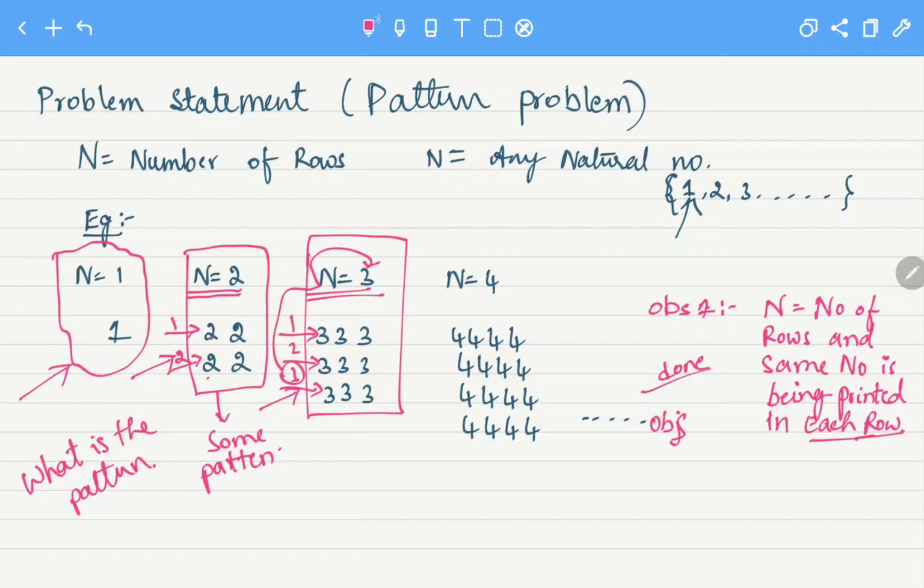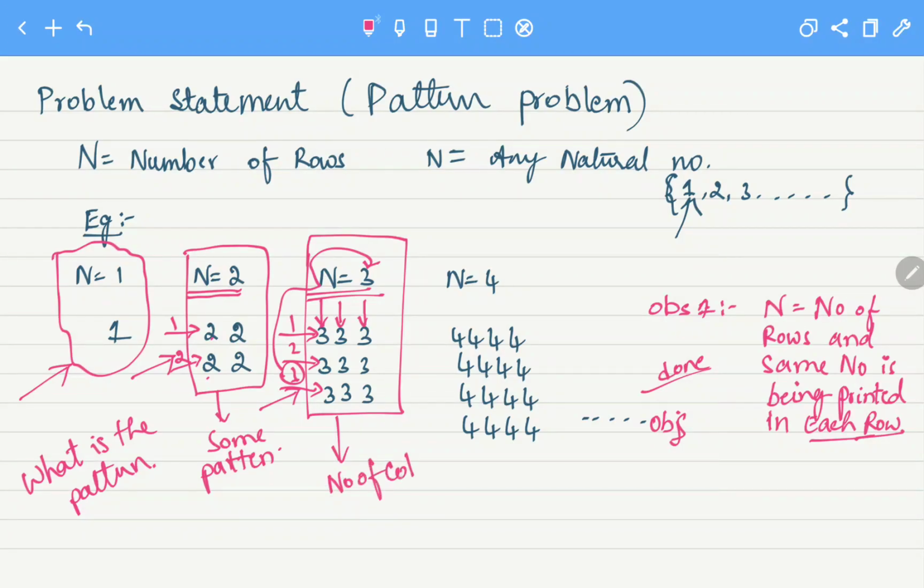And one more thing you have observed is that the number of columns is also equal to the number of rows.